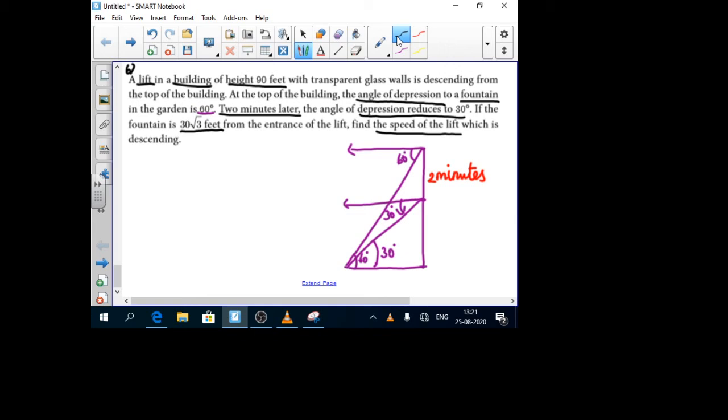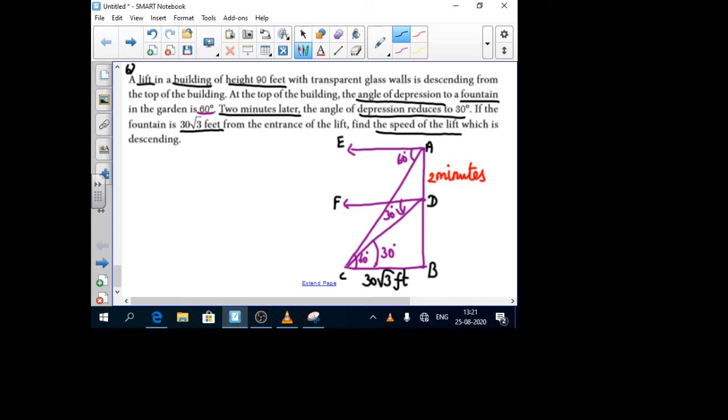So I give the name: A, B, next is C, next one D, E, F. The distance between the fountain and the entrance of the lift is given as 30 root 3 feet. You have to find the distance covered in 2 minutes, which is AD. You have to find AD.